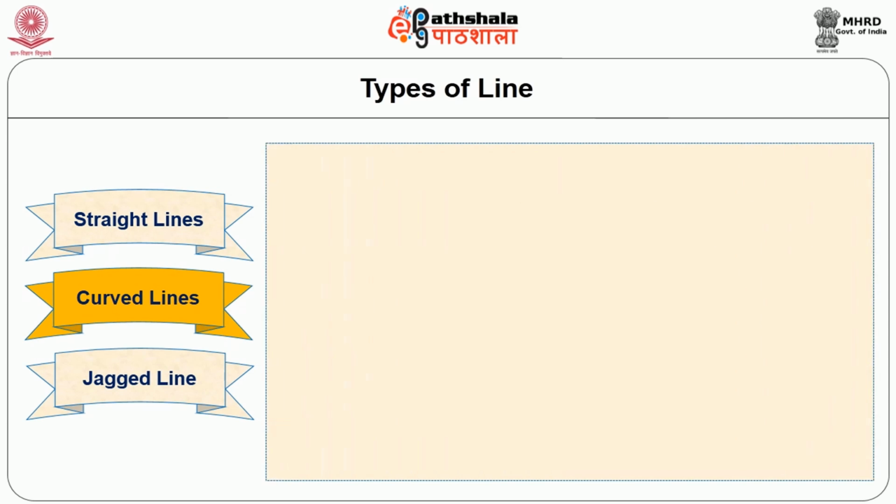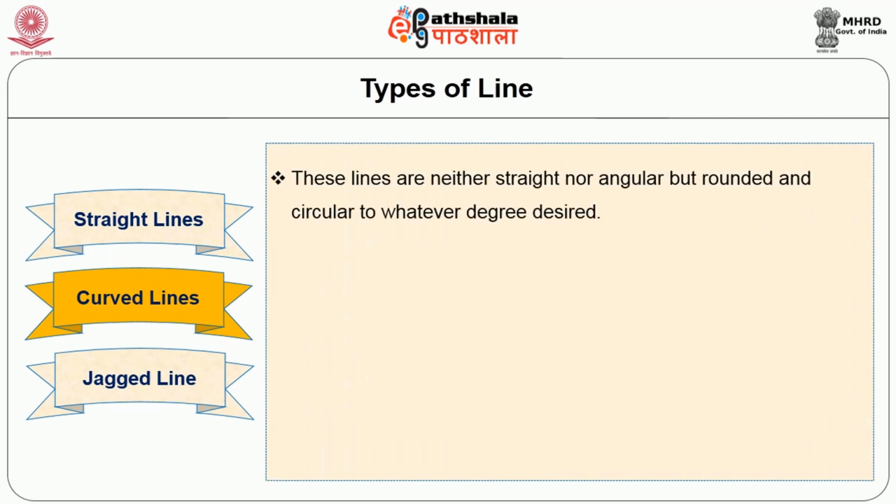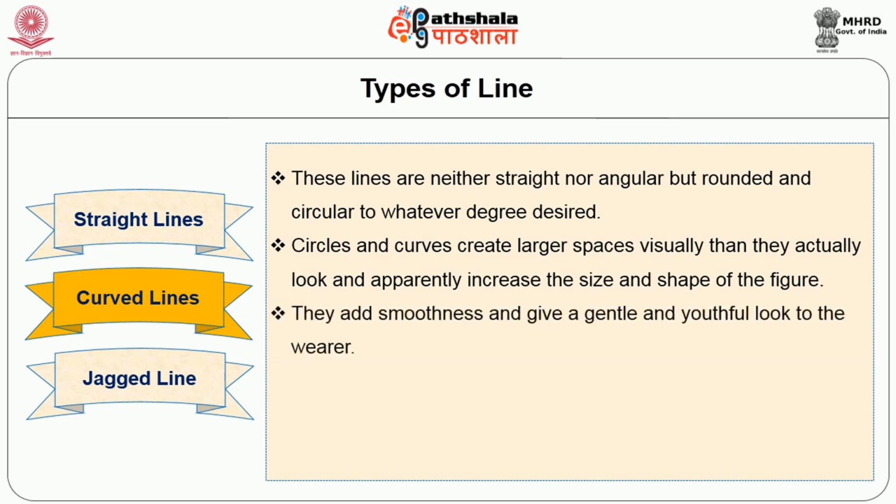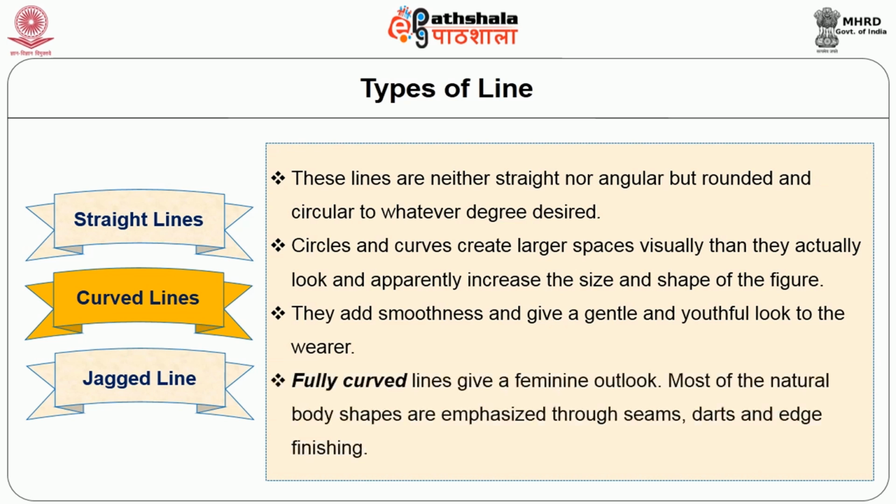The second one is a curved line. These lines are neither straight nor angular, but rounded and circular to whatever degree desired. Circles and curves create larger spaces visually than they actually are and apparently increase the size and shape of the figure. They add smoothness and give a gentle and youthful look to the wearer. Fully curved lines give a feminine outlook.